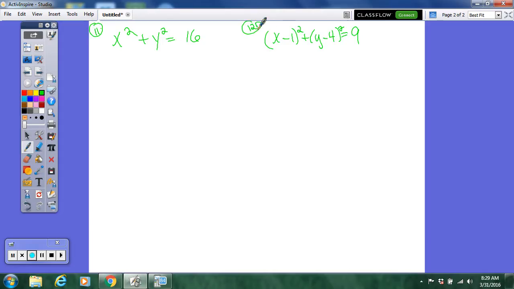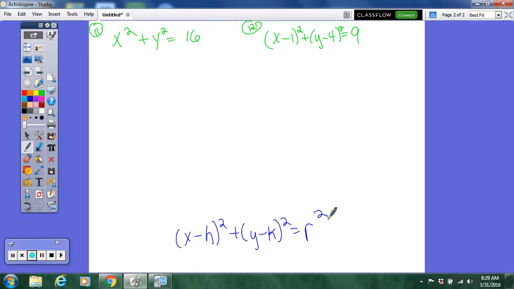All right, now remember, I'll write this over here. I'm just rewriting the circle equation. So here's our standard equation, what it looks like. In this one, what's being added or subtracted from x and y?